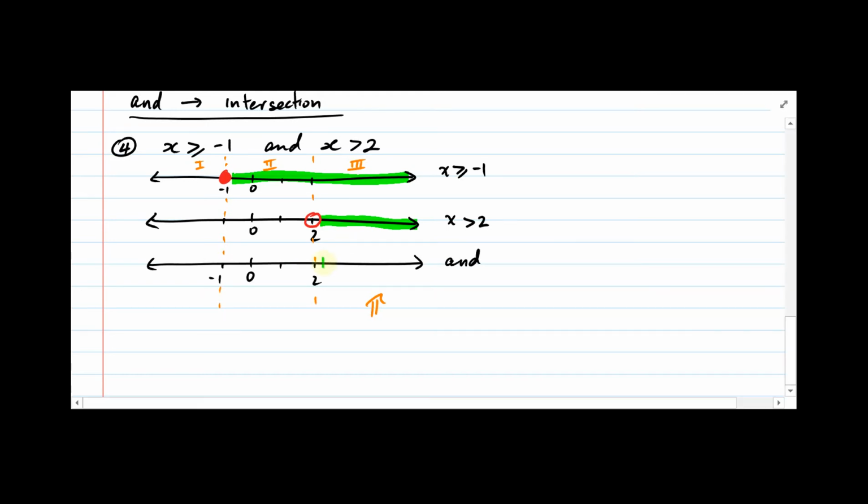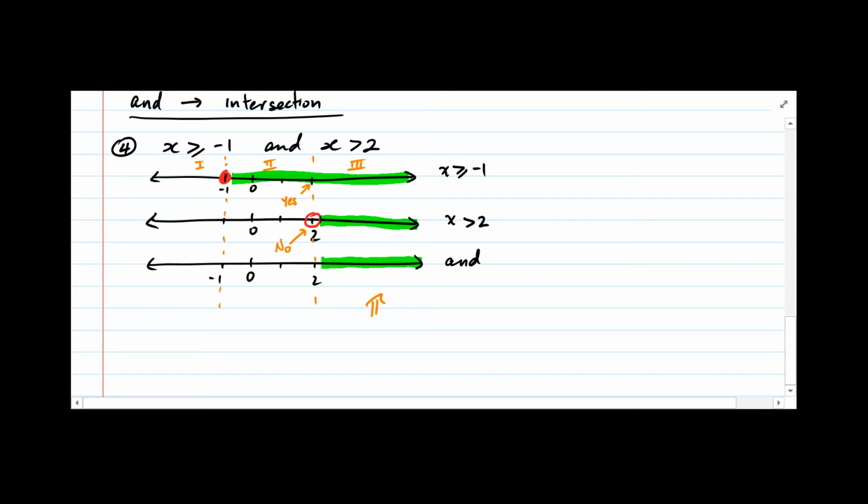So definitely we have region 3 because the elements of one set are present in the second set in this region. We now have to think about what happens at the boundary 2. So 2 is not included in the second set.